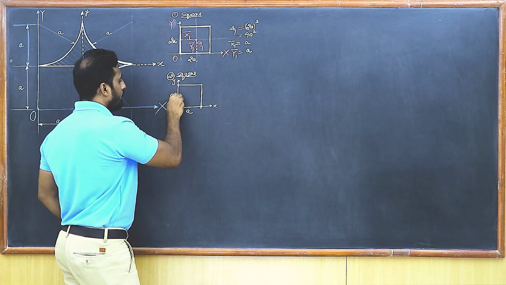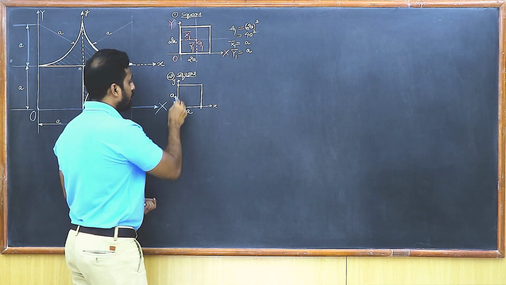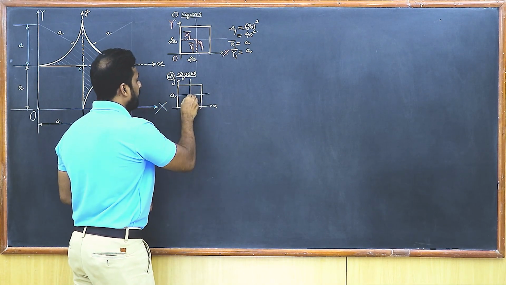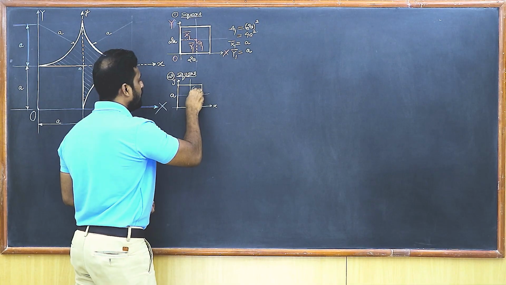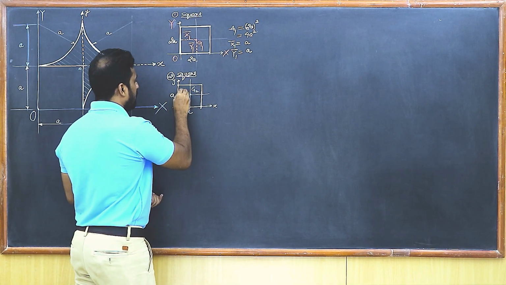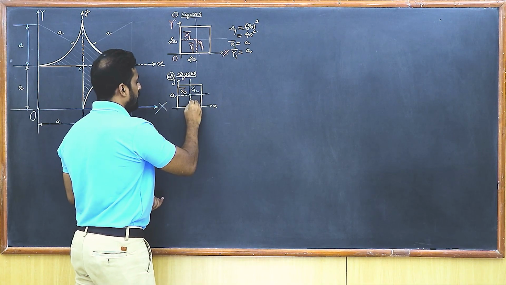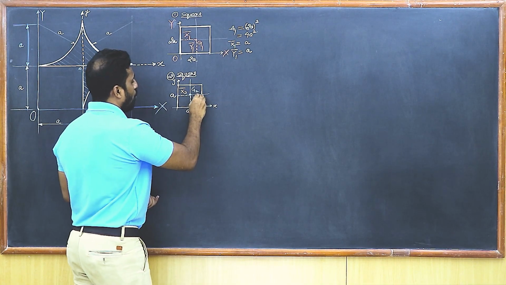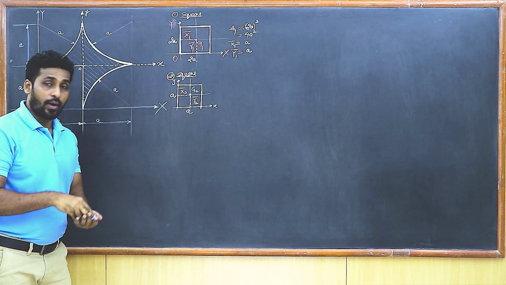So this is a, this is a. Again you will have the lines of symmetry. So draw the lines of symmetry. They will intersect at the centroid. So that's G2, isn't it? And its distances, that's x2 bar, and that's y2 bar.